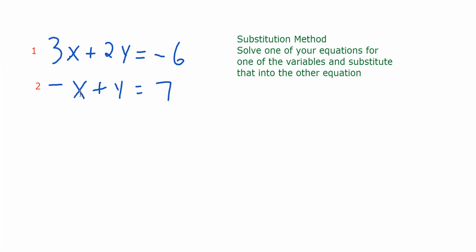What I'm going to do is look at equation 2 here, -x plus y equals 7. If I were to just take this thing and add x to the other side, if I just did this little move here, well, notice now equation 2 would become y equals, well, we added x to the other side, so you're just x plus 7.